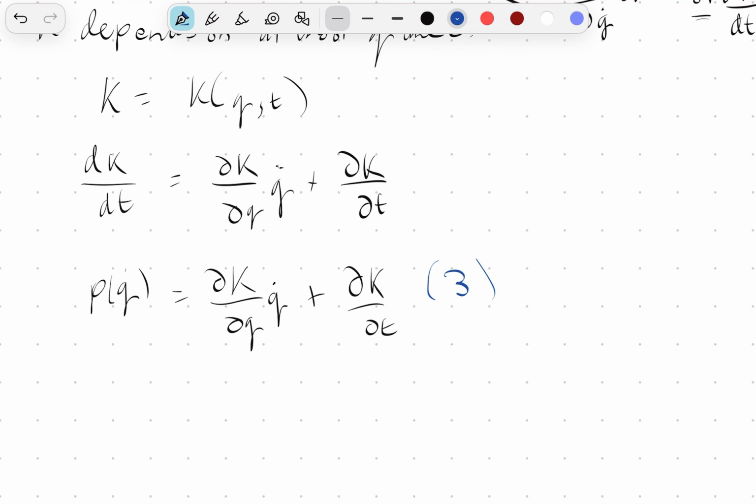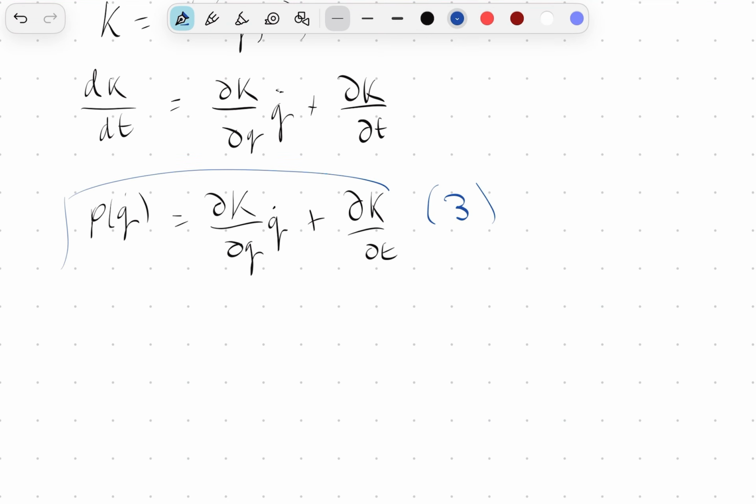Now, this left-hand side is a pure function of q dot, and this right-hand side involves q and t as well, through the partial derivatives of K. But the only way this equation can hold for all values of q, t, and q dot, which can be chosen independently if you choose some suitable path, is that these two coefficients have to be constants and independent of q.